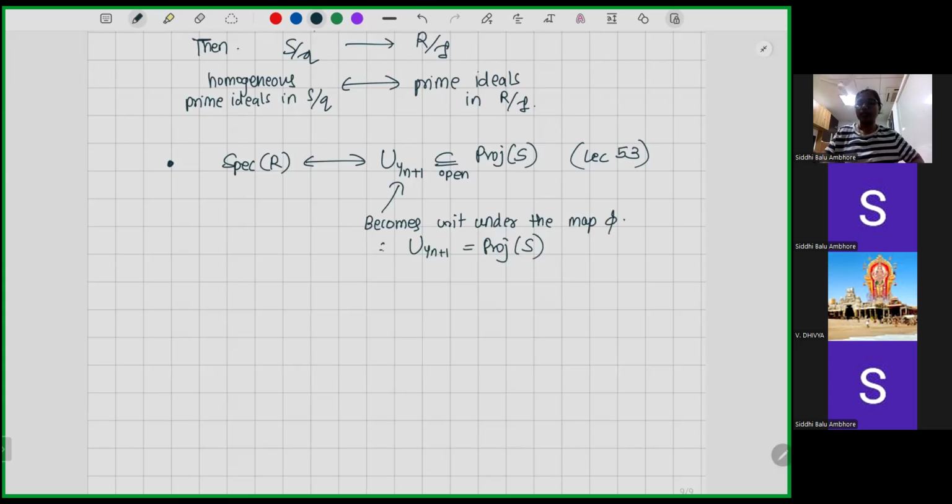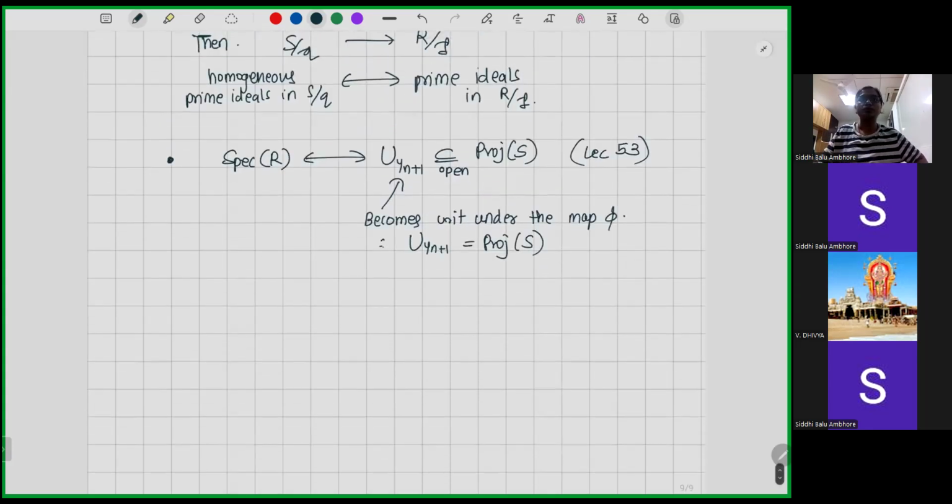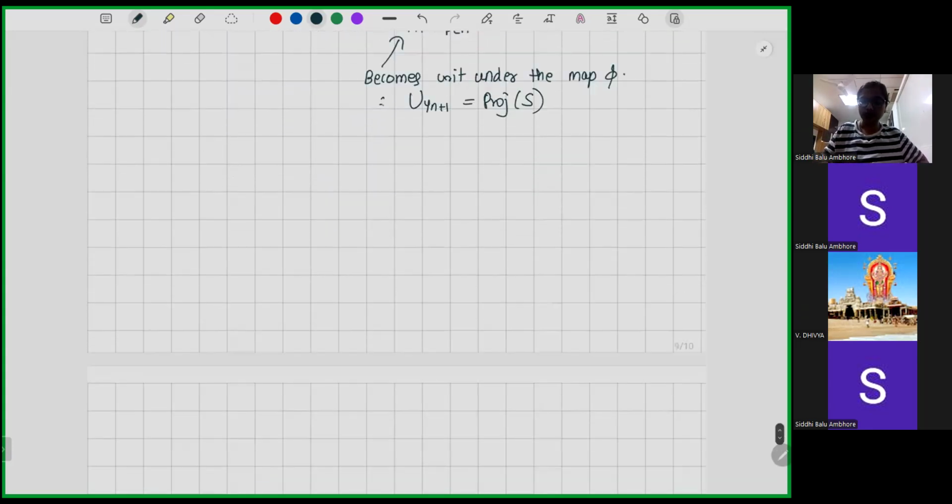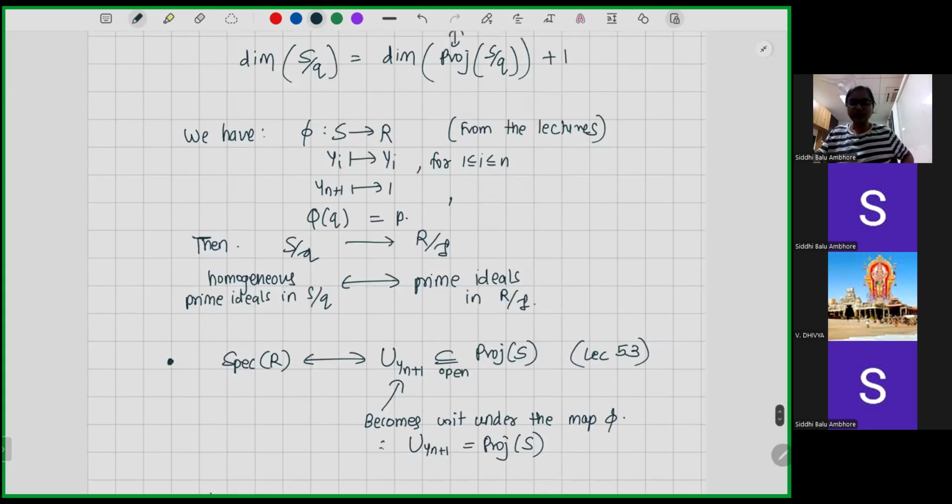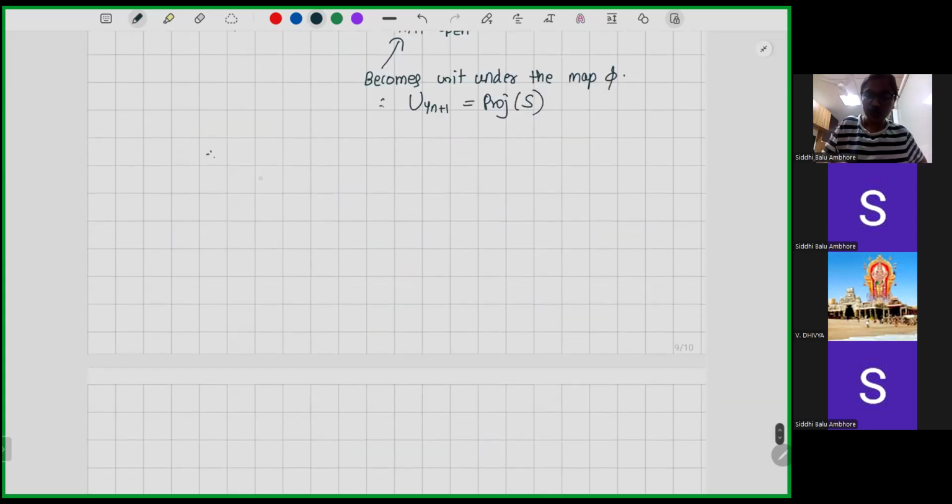So using all this information, we get that Spec R is equal to this open set of Proj S. But in our case we are in this setup, S mod Q and R mod P. So here Spec of R mod P is isomorphic to Proj of S mod Q. So once they are isomorphic, their dimensions are going to be equal.